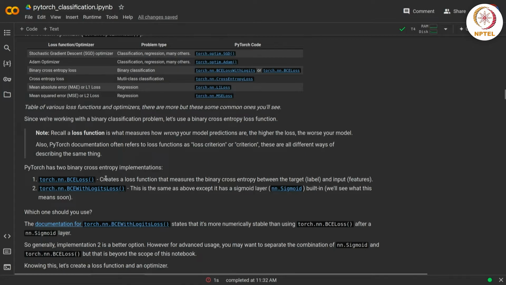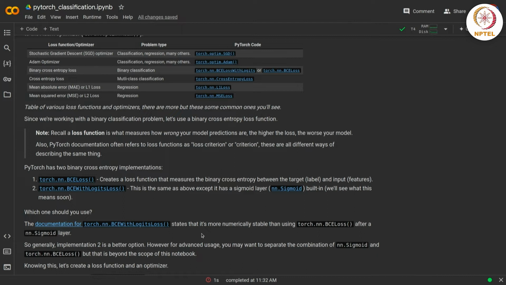one concept we should probably cover is a kind of loss function that you would use for classification. If you remember the previous tutorial where we were doing a very simple linear regression problem, the loss that we were using was L1 loss, which is basically a mean absolute error loss, which is suitable for linear regression.